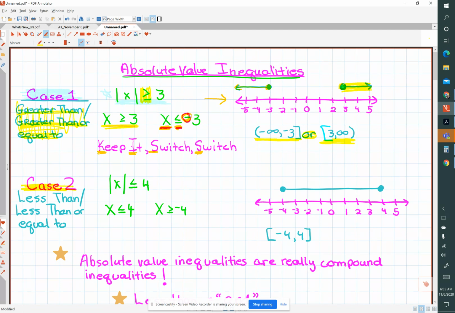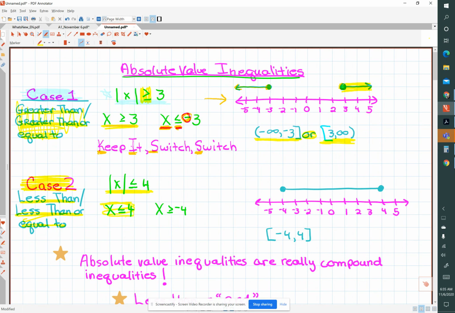Case 2, we have our less than or equal to cases. So in this case, we've got our absolute value of x is less than or equal to 4. So first we can remove the absolute value bars and make our two cases.